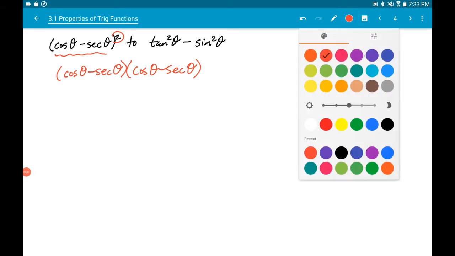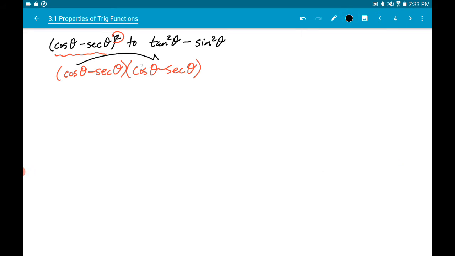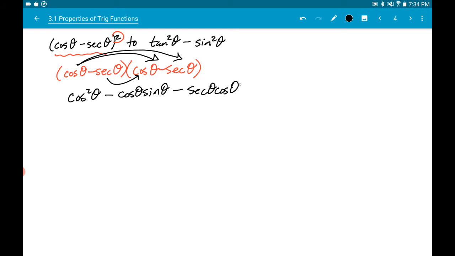So if I do FOIL, multiplication, box method, however you learned it, I've got cosine squared minus cosine theta secant theta minus secant theta cosine theta, and the last one plus secant squared theta. So now I've got cosine squared theta minus 2 cosine theta secant theta.